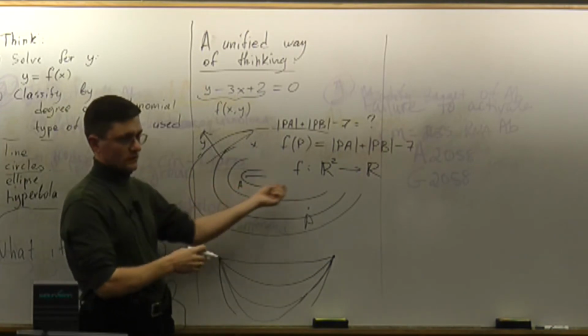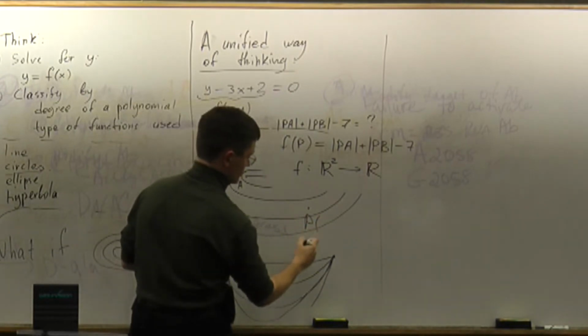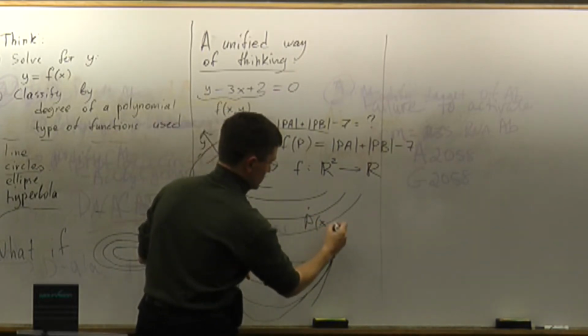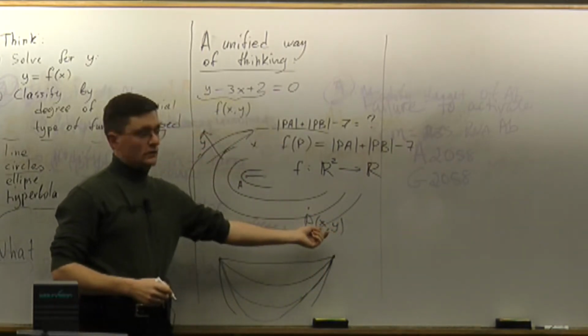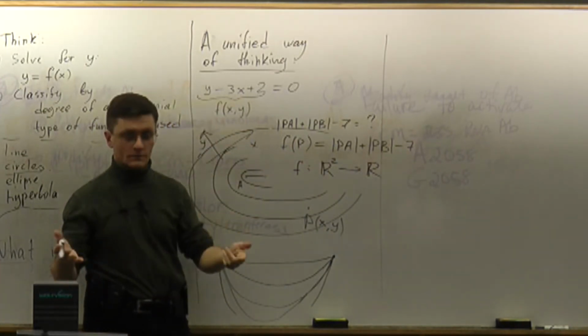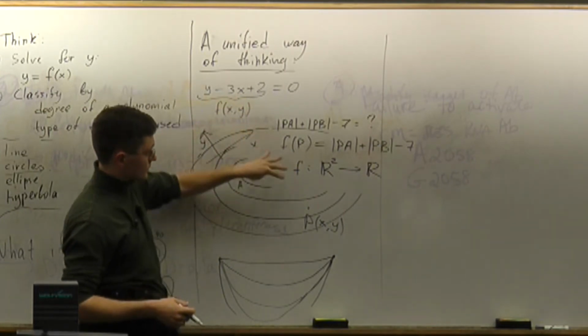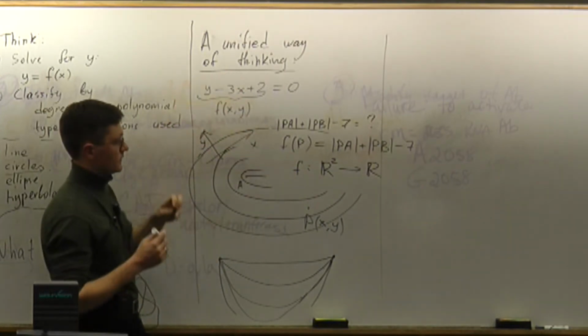Every point on a plane gets some coordinates, and if you assign this unknown point P coordinates x and y, then this expression becomes an explicit formula in x and y. So translation from this to algebra is very easy.